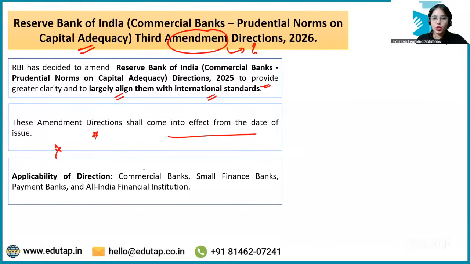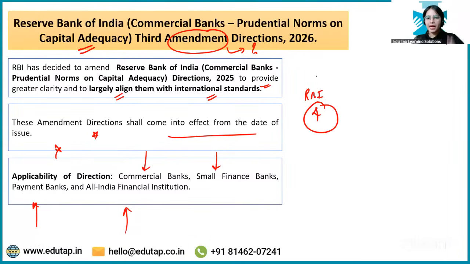Applicability of the direction is on the commercial banks, small finance bank, payment bank, and all India financial institution. Basically, again, the RBI released 4 different notifications that we have compiled in this one article. 4 different notifications were released by the RBI for the commercial bank separate, for the small finance bank separate, for the payment bank separate, and all India financial institution separate.